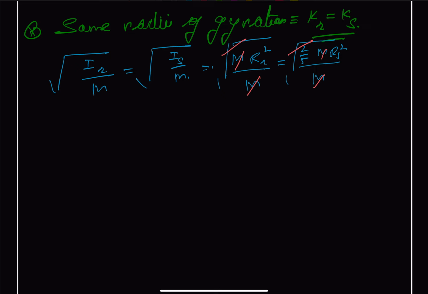So we get this as radius for ring whole square is equal to 2 upon 5 radius of sphere whole square. And this we can write radius of ring is equal to radius of sphere and square root of 2 upon 5.